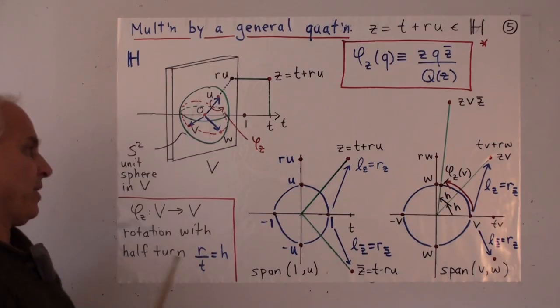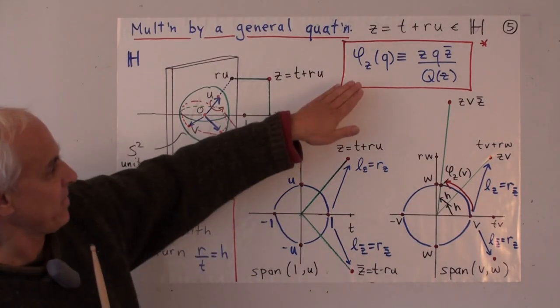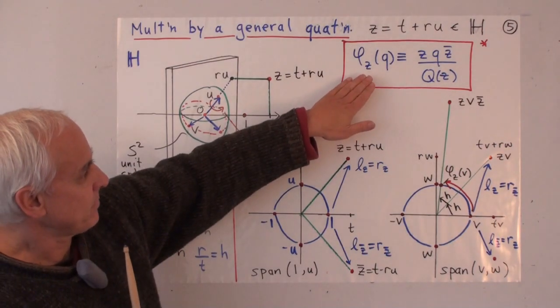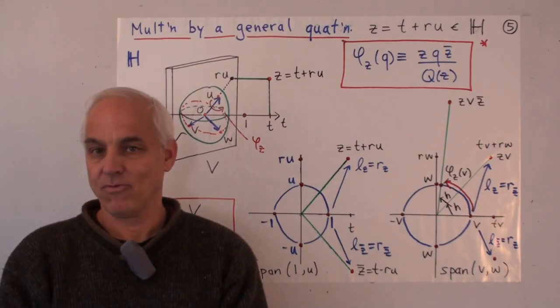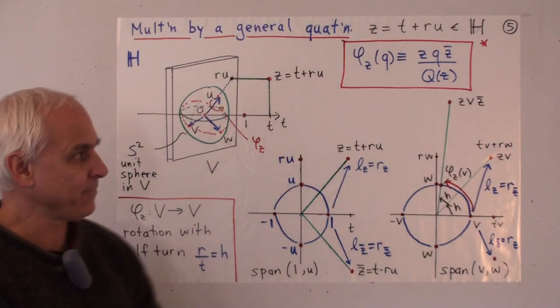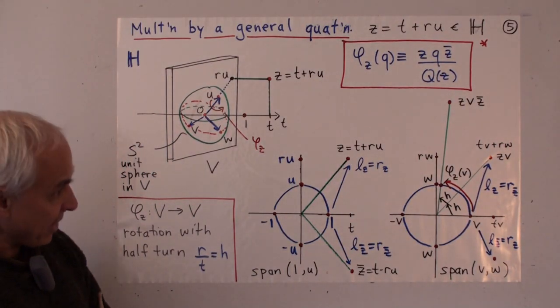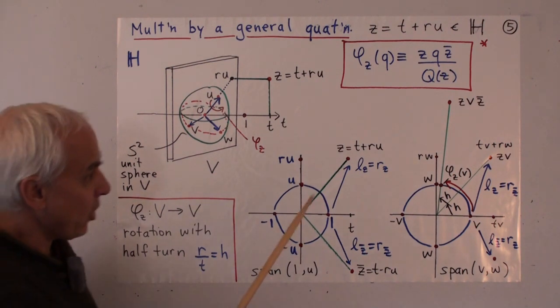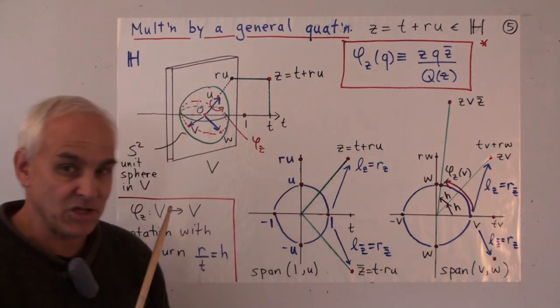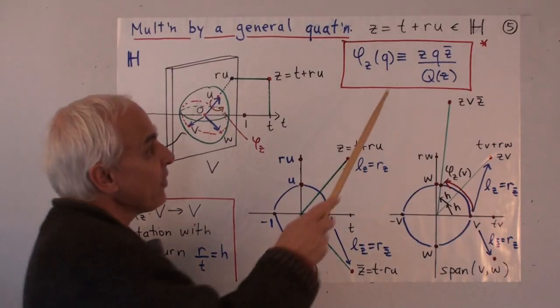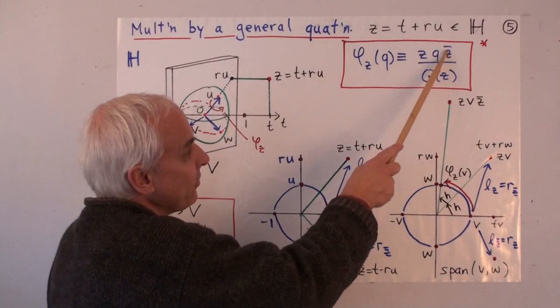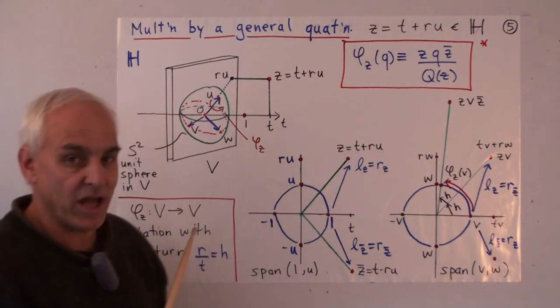All right, so now we can put that together to form this combined rotation construction, which I introduced last time. This is almost the same as what I wrote down, but I've changed my notation just a little bit. Last time I had z bar q z. I've decided to change that.